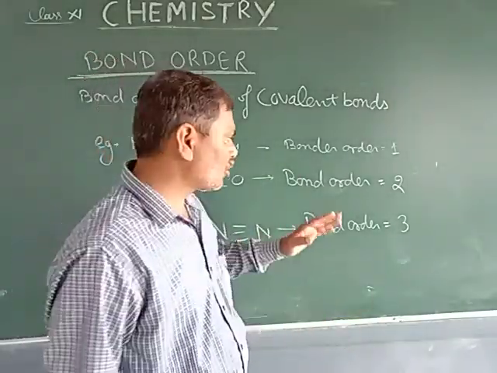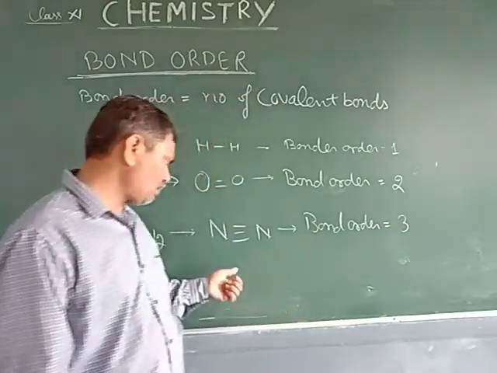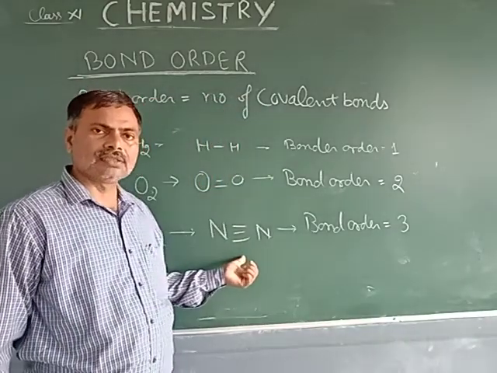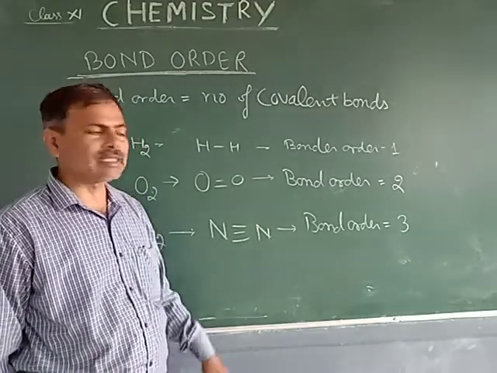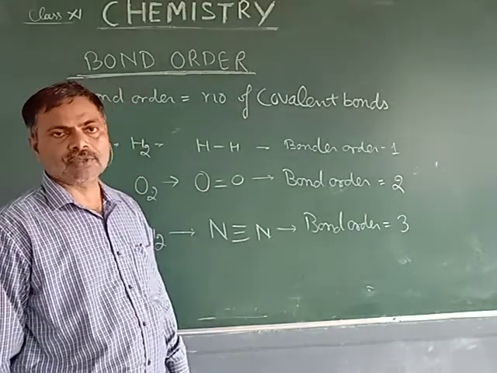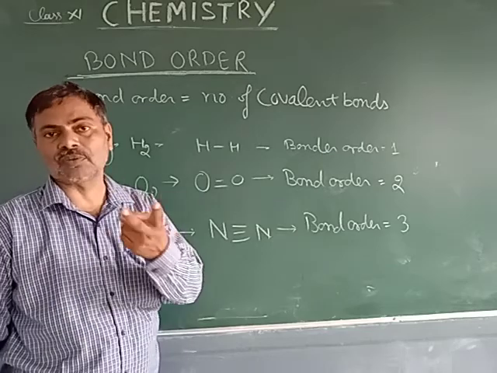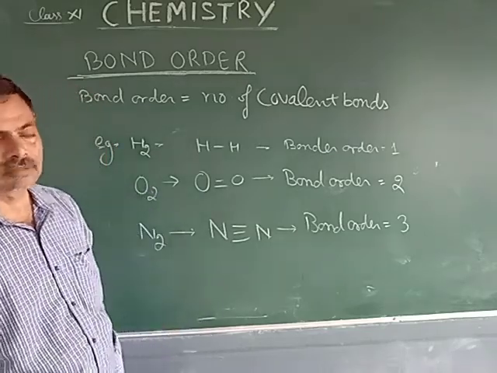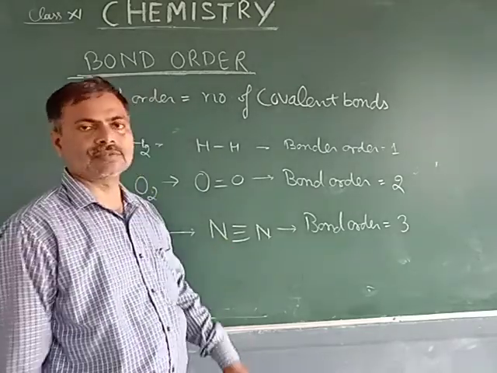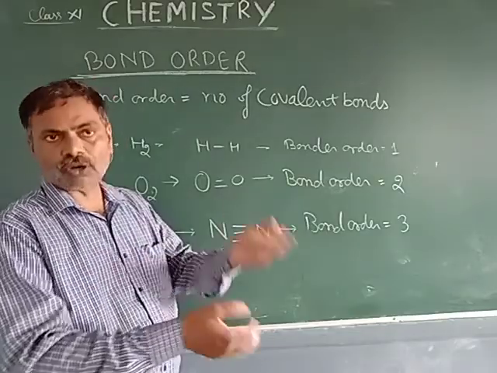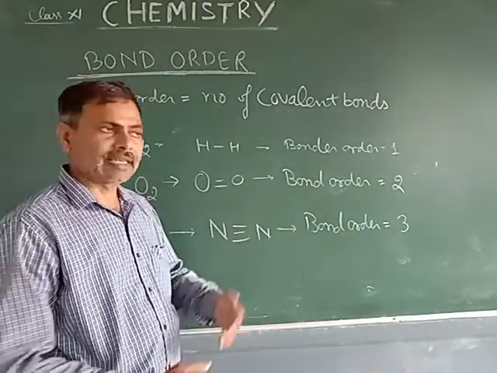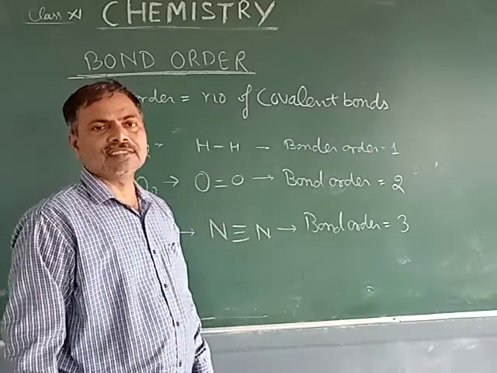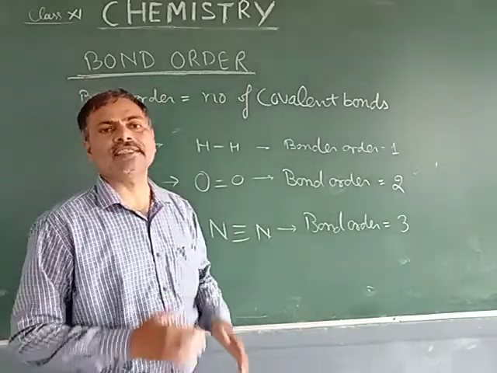That is why in the case of a triple covalent bond, this bond is stronger because it has 1 sigma and 2 pi bonds. Bond dissociation enthalpy will be more. Higher the bond order, greater its bond enthalpy, greater its stability, and you can say greater its strength.